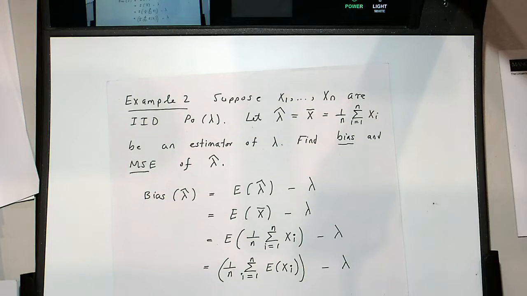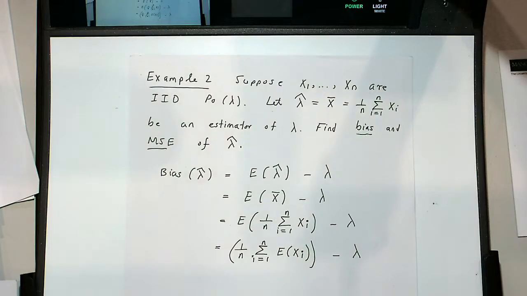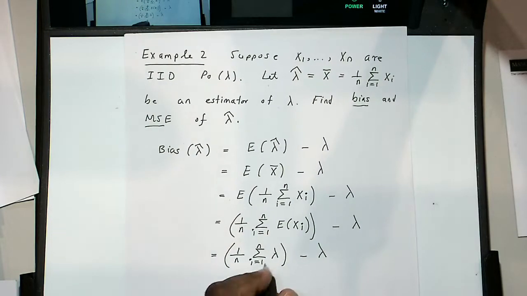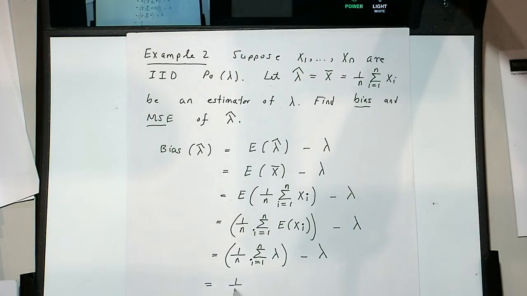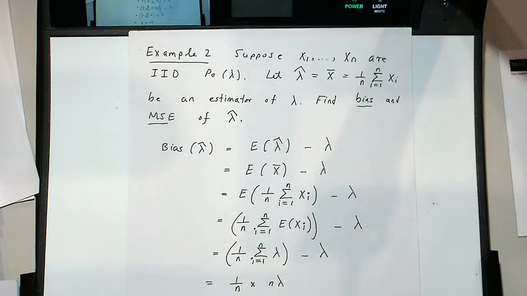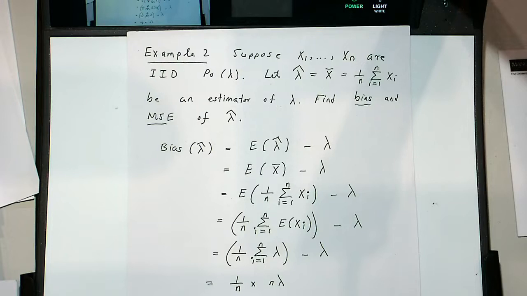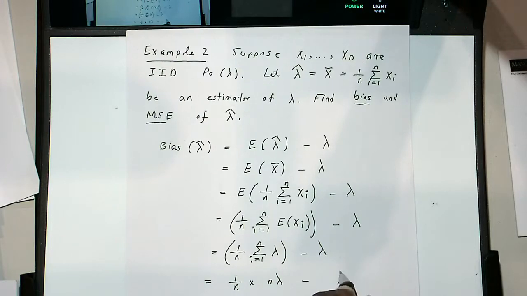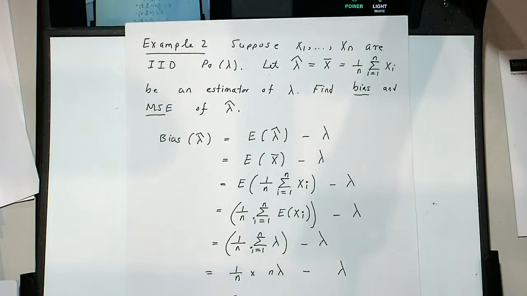You with me, guys? Right. Now we know that the expected value of a Poisson is lambda, so this is going to be 1 over n times this sum. Now the sum of a constant is n times the constant. So the sum of lambda, because lambda is a constant with respect to i, right, this is what you get.